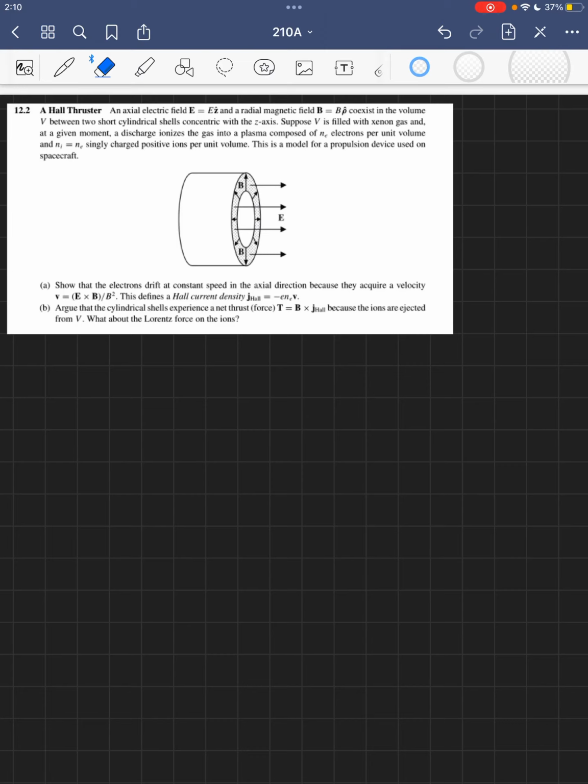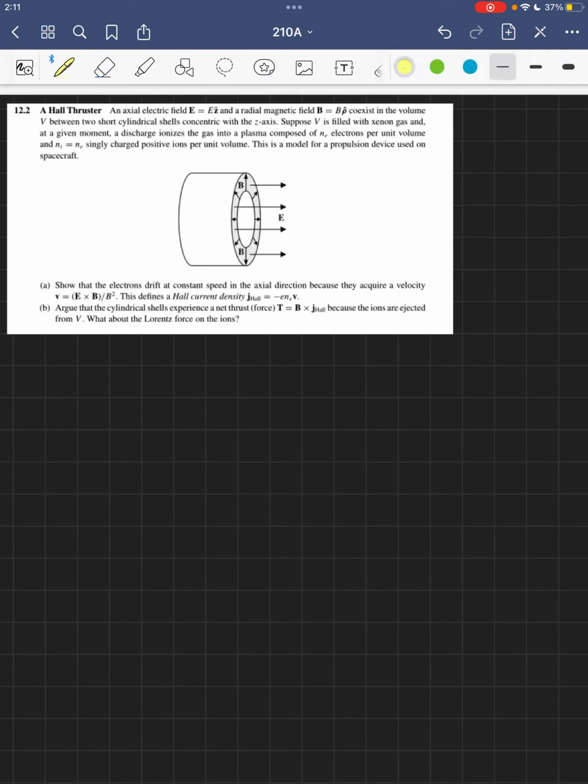Okay, so what we can do here is look first at the force density acting on the electrons.